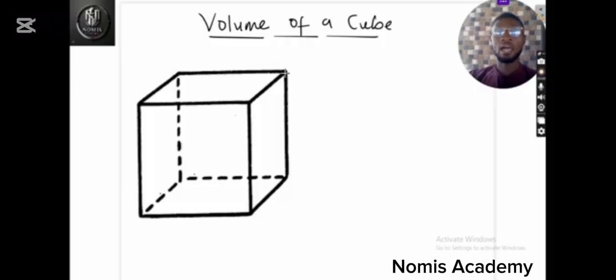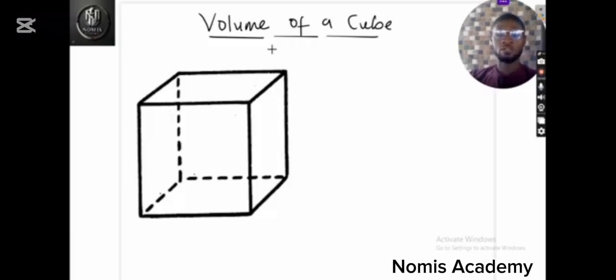So all sides of the squares that made up a cube are equal, definitely all faces of the cube are equal. The dimensions of the cube are equal.